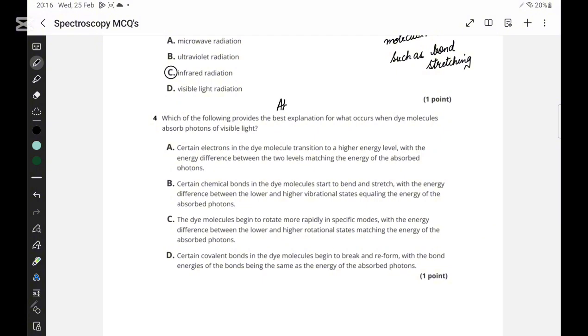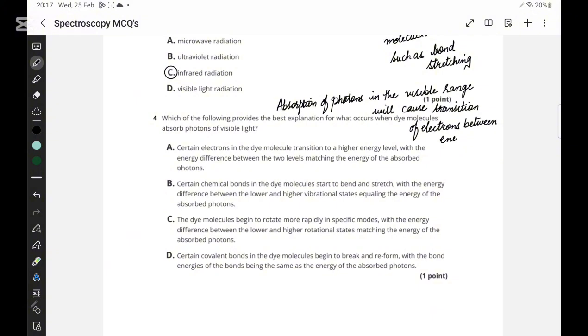So absorption of photons in the visible range will cause transition of electrons between energy levels.